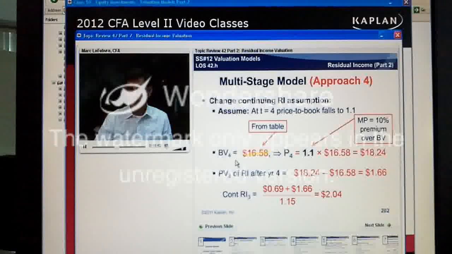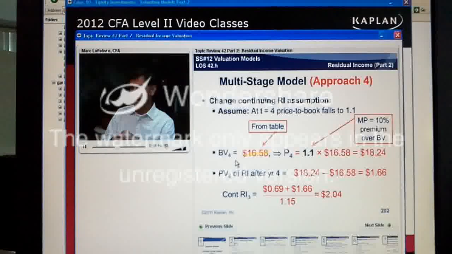One thing I want to strongly encourage you to recognize is that although this may be at the very end of some difficult material, we've done return concepts, we've done the dividend discount model, we've done the free cash flow models, we've done the price multiple models, but residual income is toward the very back of the chapter.